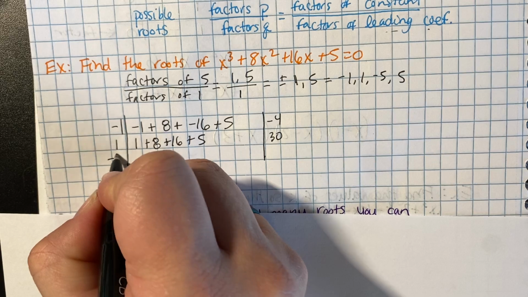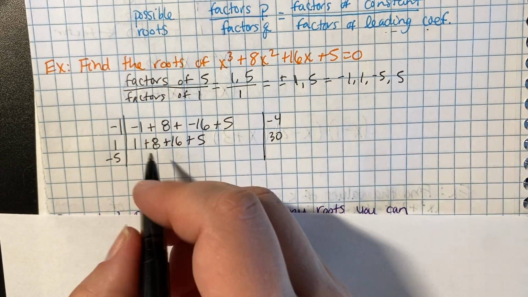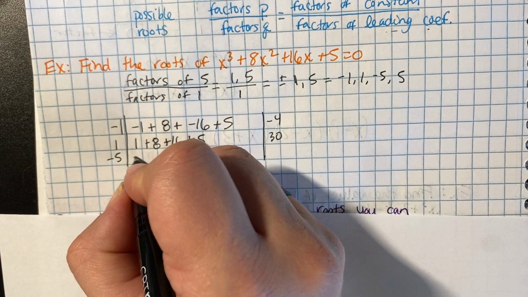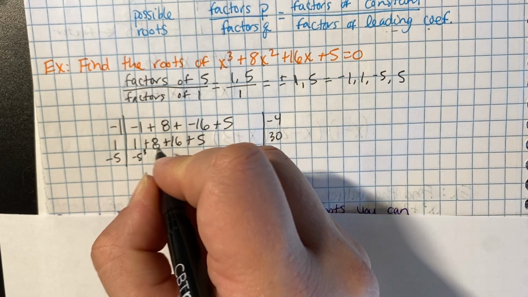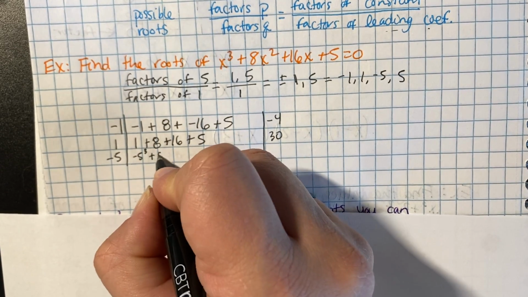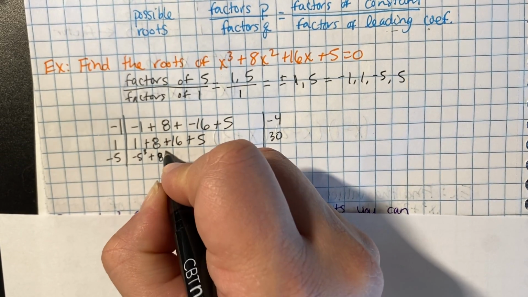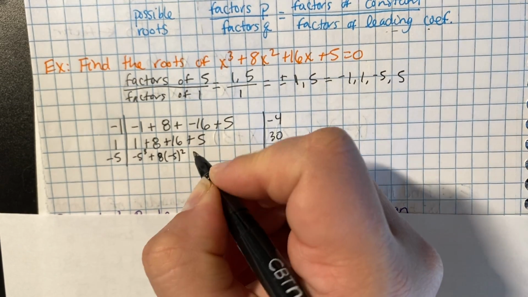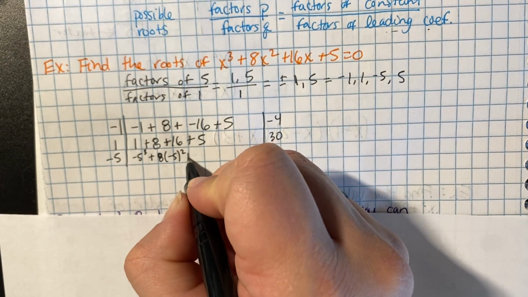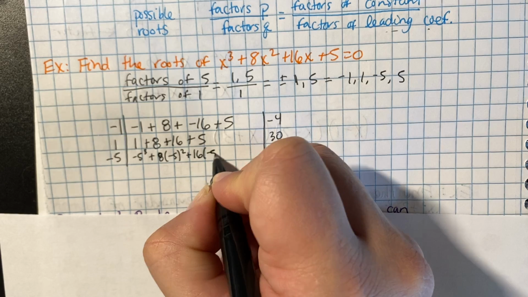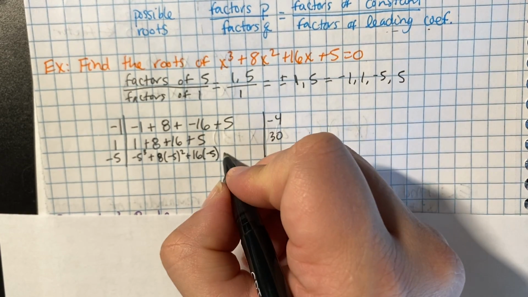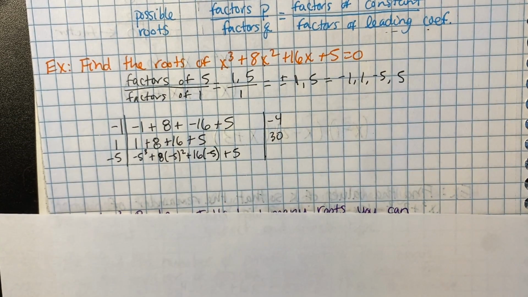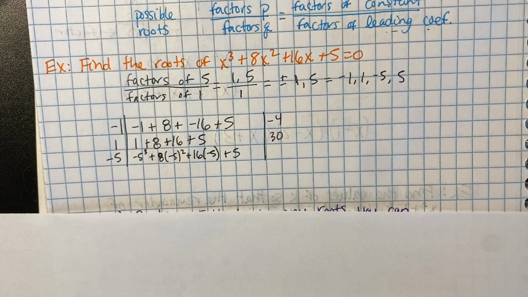Okay, let's try -5. So I'll have -5 cubed plus 8 times -5 squared plus 16 times -5 plus 5, and I'm going to plug that into my calculator.